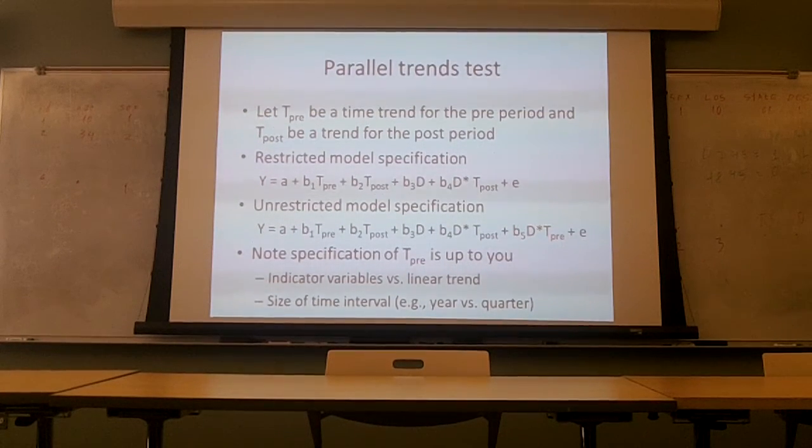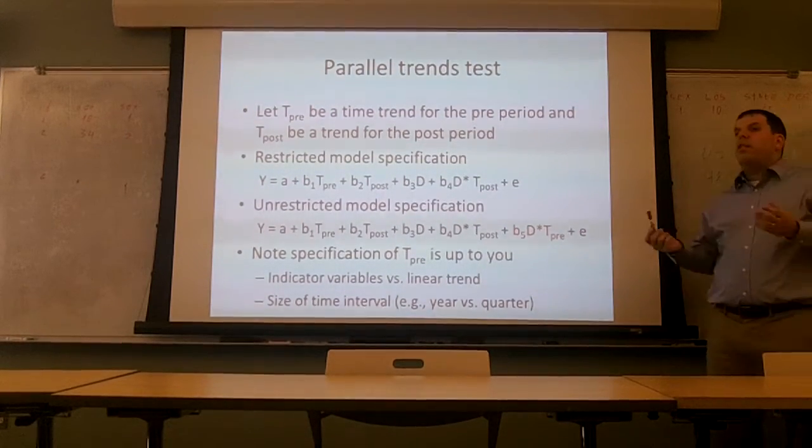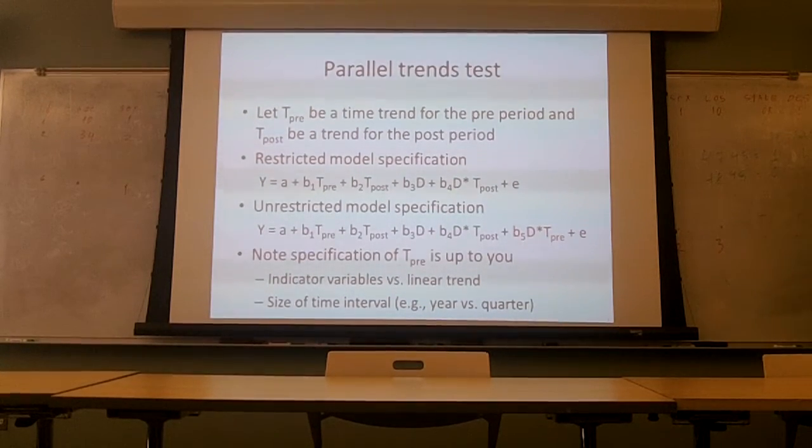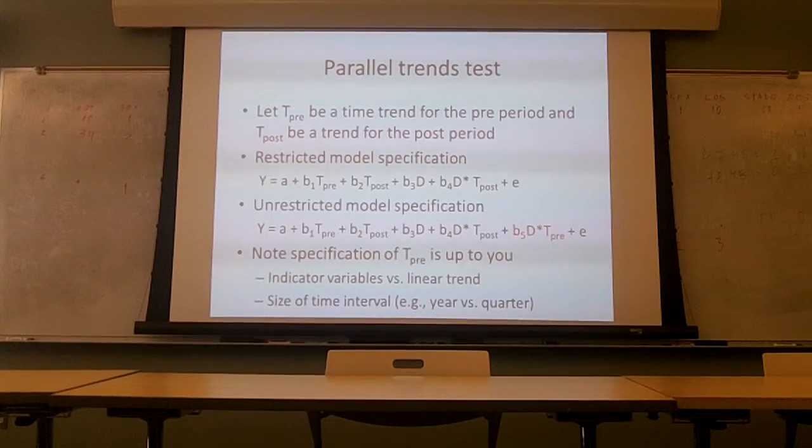So maybe seasonality matters. Maybe it doesn't. If seasonality matters, you might want quarter level data. You're also going to be constrained to some extent by the kind of data that you actually have. The hospital discharge data that I use tends to only have quarter level analysis. So I could roll things up to the half year or the full year, but I can't go down to the month or the week.